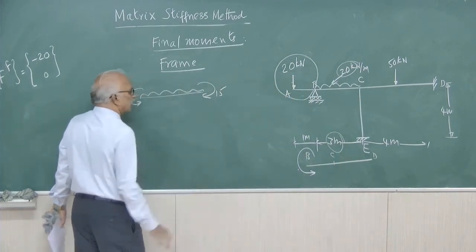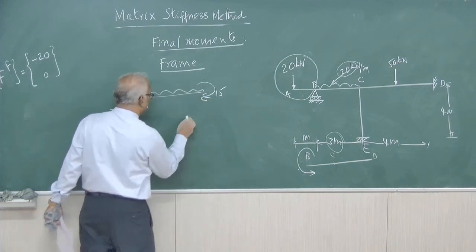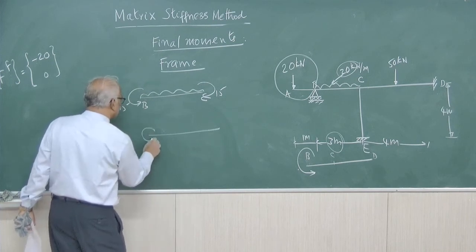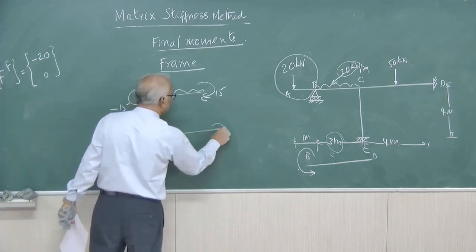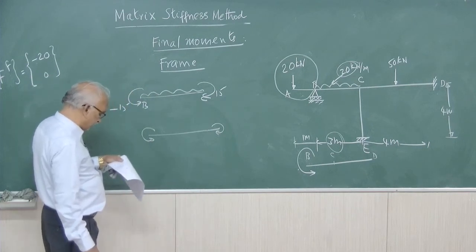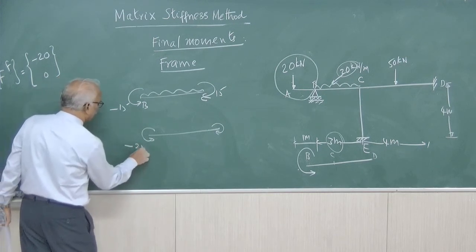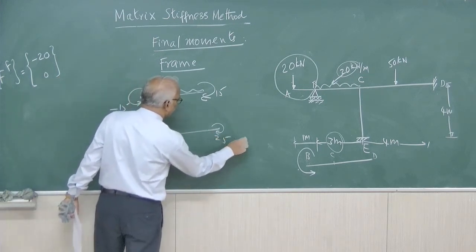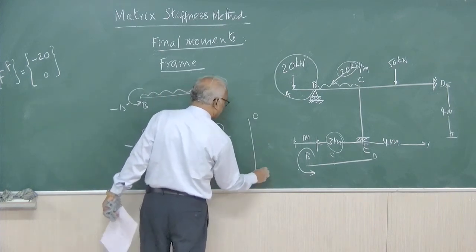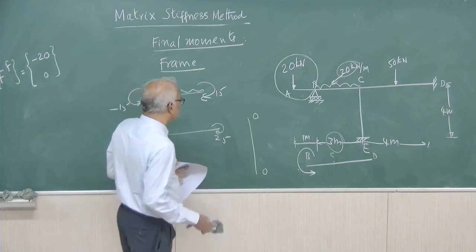So standard calculations. Then this is for BC. For CD, this is WL by 8, WL by 8. So that value will be 25 and 25. So here it is minus 25 and here it is plus 25. And for the column, it is 0, 0 because it is not subjected to any lateral loading.